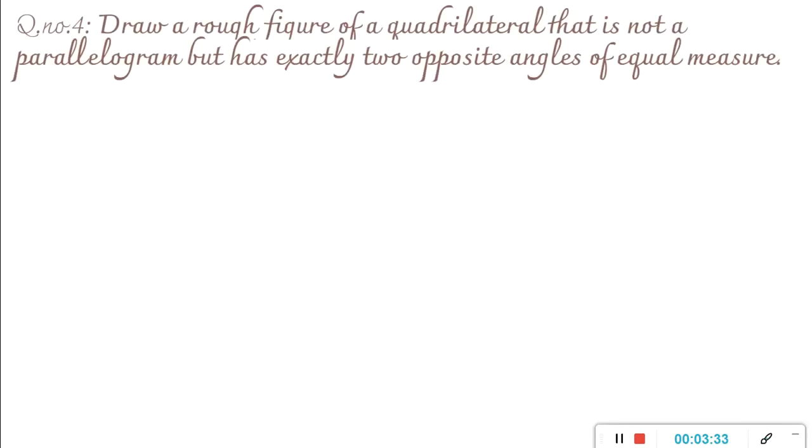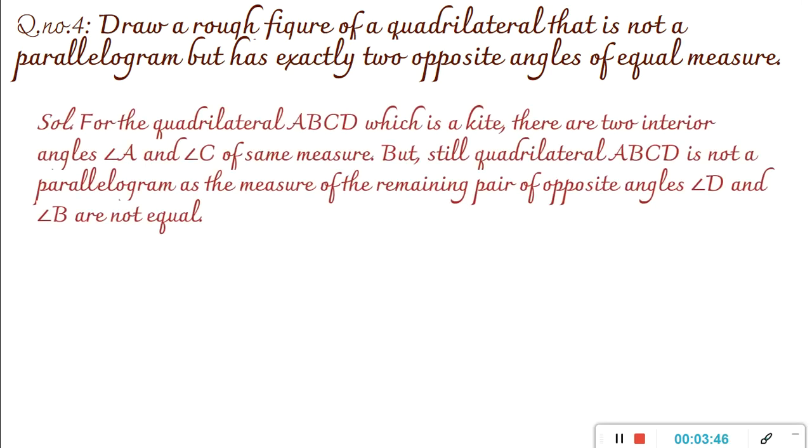Now, question number 4. Draw a rough figure of a quadrilateral that is not a parallelogram but has exactly two opposite angles of equal measures. So we know that a kite is not a parallelogram. A kite is a quadrilateral that is not a parallelogram, but two opposite angles are equal in measure, isn't it?